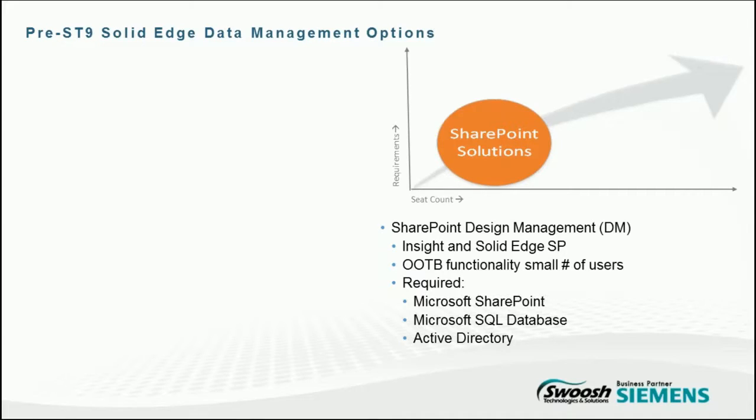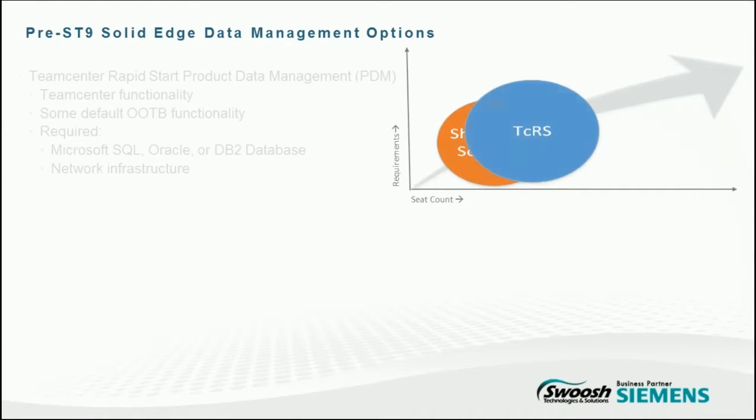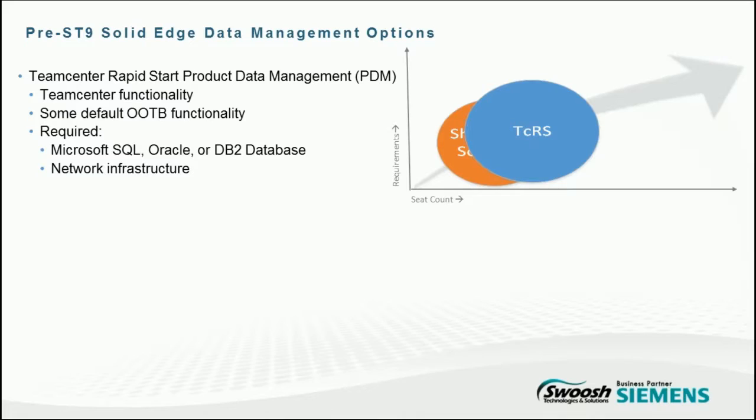It was generally designed for smaller users, and they came out with Solid Edge SP after that, which has a small charge associated with it, but it had all the same architecture as Insight. It just offered a little bit more. After that, our main topic today is the Teamcenter RapidStart product data management system, and like the other two, it's based on Teamcenter.